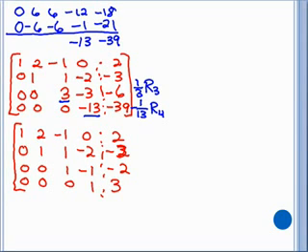So we can see we've got our diagonal of 1s and our 0s. So now we are ready to do the back substitution.